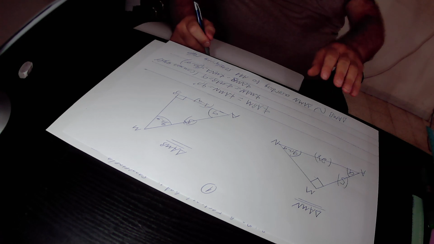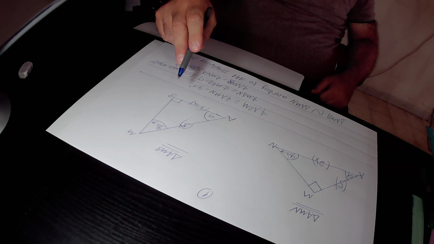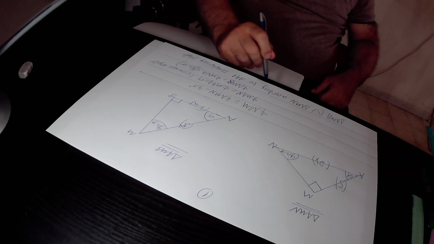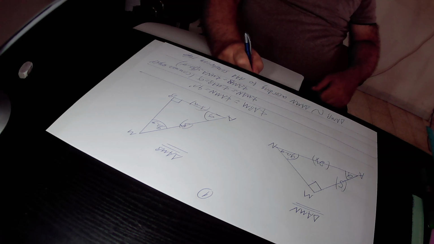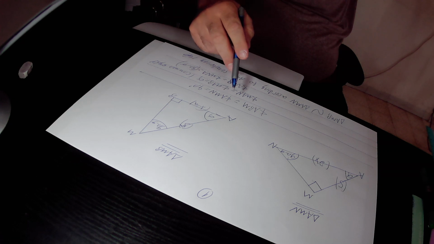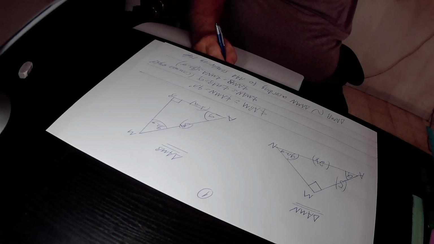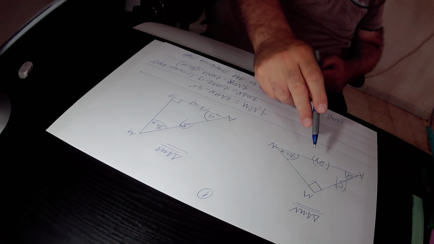We derive that side AM on the right triangle AMB over side AN of the right triangle AMN is equal to side AB in the right triangle AMB over side AM in the right triangle AMN.